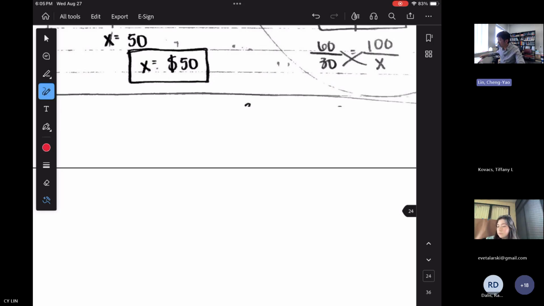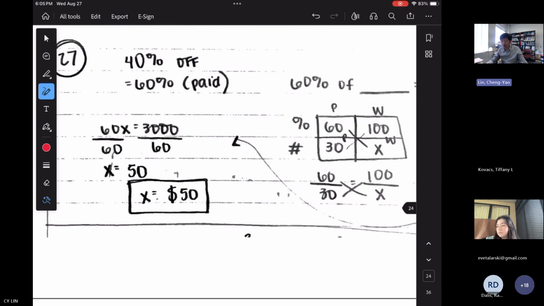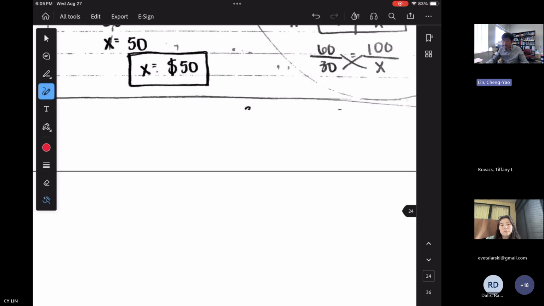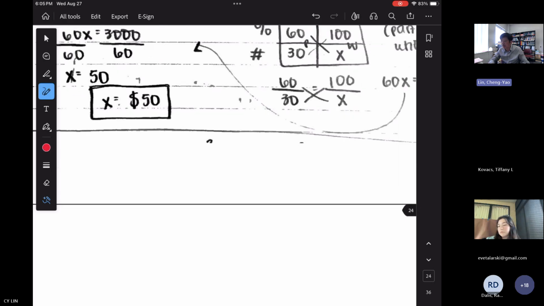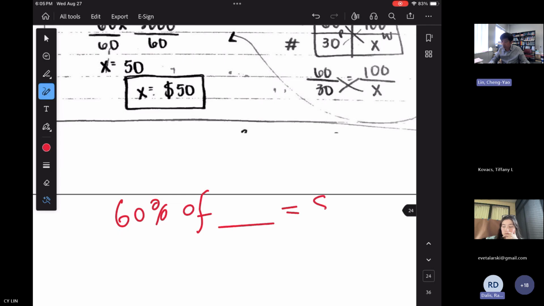Many people make a mistake because they stick on the 40%. So we can rewrite this like we just did for the percentage problem. I pay 60% of the original, which is equal to $30. Does that make sense?